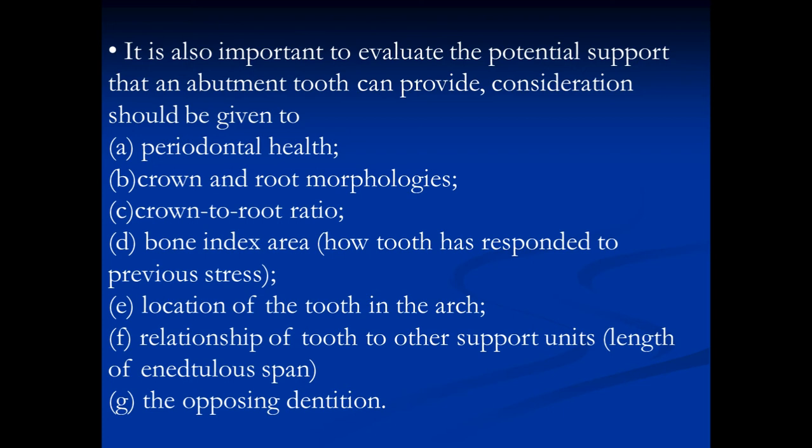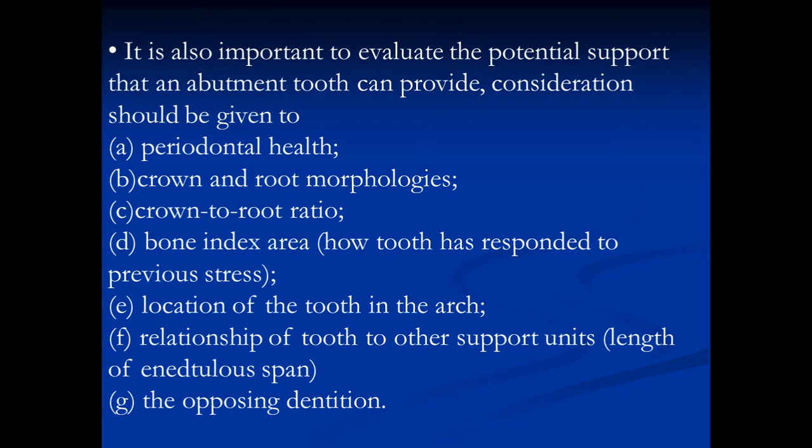So when you have a condition where we have hard tissues at each and every corner, what exactly are you supposed to see? We have to see first the periodontal health of the supporting units, the crown root morphology. Either we have short roots or long roots. What is the position? How many roots are there? If it's a first premolar, we have two roots.